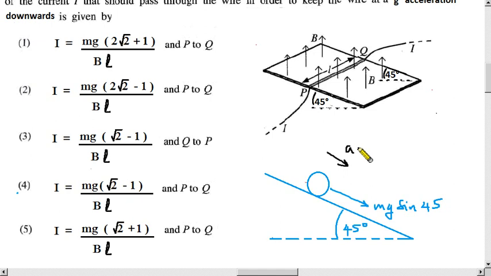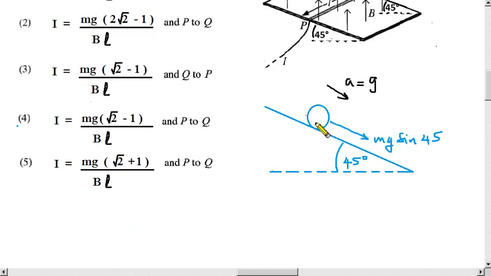So A should be g downwards like this. Then we don't want any force upwards, because that will not help what we want. We need extra forces downwards.